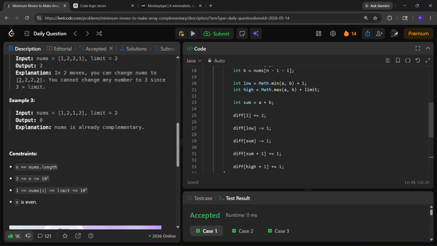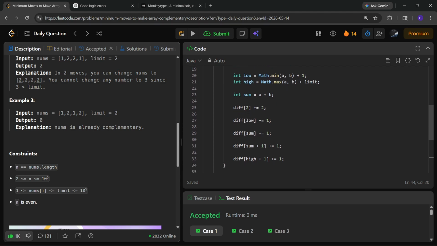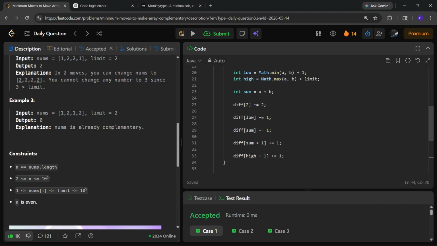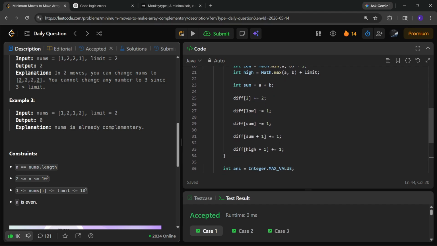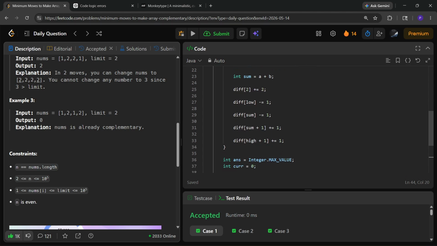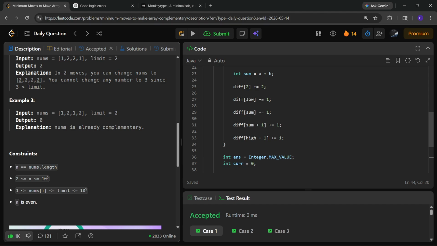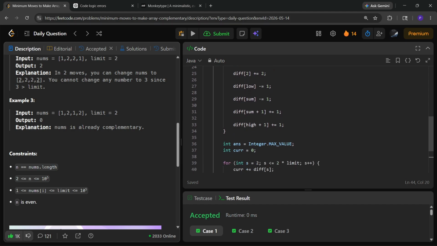Then I go to the sum, and that is also -1. The sum is 4, now you are -1. And the difference at sum plus 1 is a plus 1. Okay, 5 is now 1 instead of 0. High plus 1 is also 1. High is 7, so now 8 is a plus 1. That's how the first iteration ended. The difference array went from all zeros to having 1 at indexes 2, 5 and 8, and -1 at index 4.